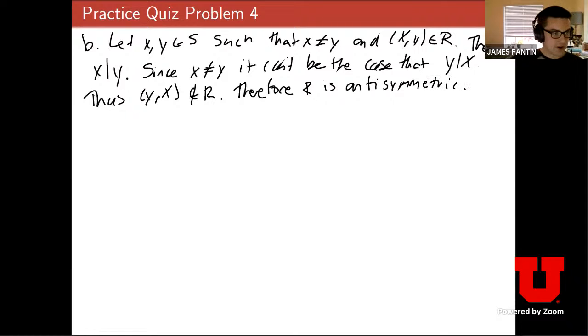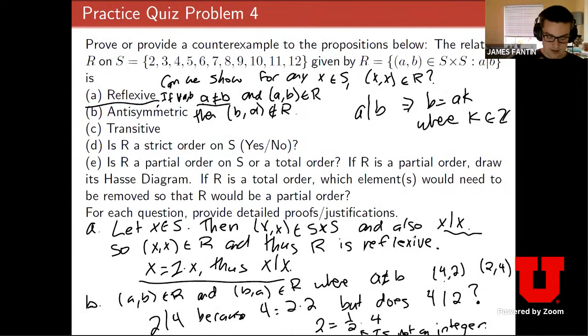Any questions so far on anything we've been proving here? Okay, so we did reflexive, we did anti-symmetric. Now let's think about whether this would be transitive.